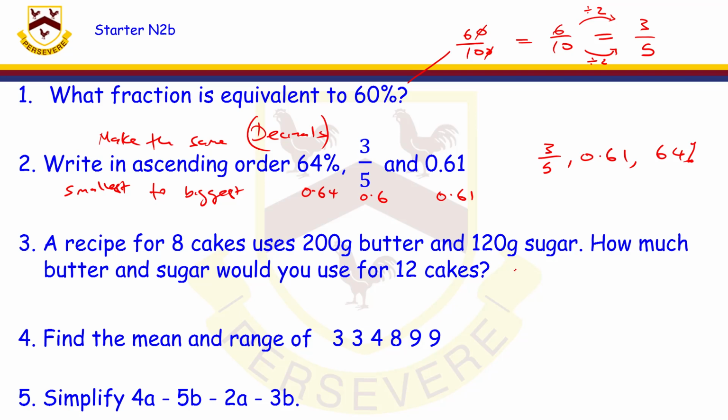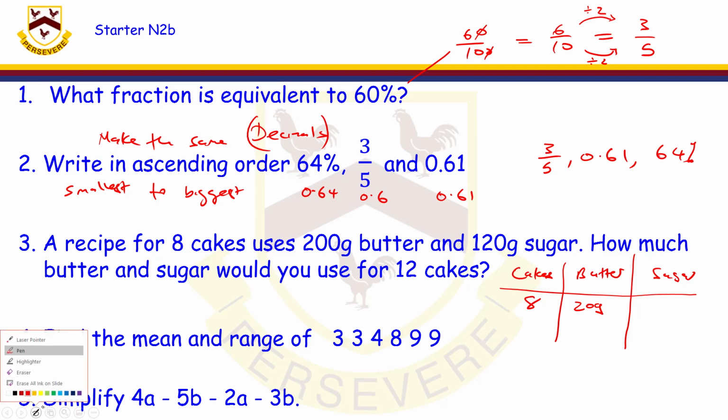Or you could have a little table. We have the number of cakes and then how much butter you use and how much sugar. So if we create this little table here, now you know for 8 cakes we need 200 grams of butter. Oops, just rub that out. Not 20, we want 200. So that's 200 grams and 120.